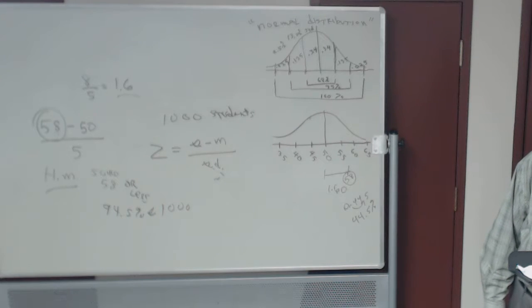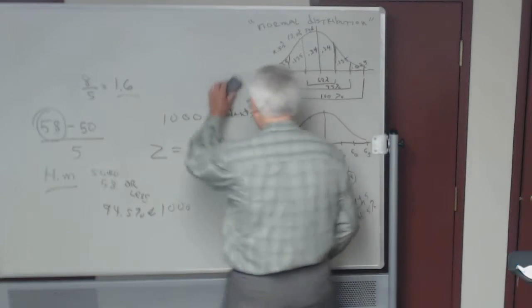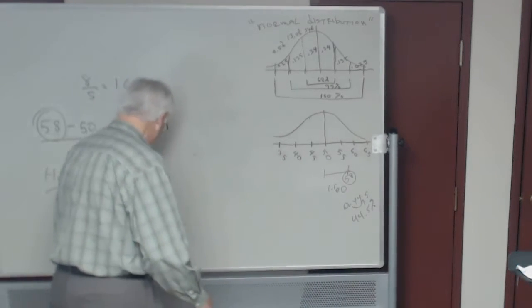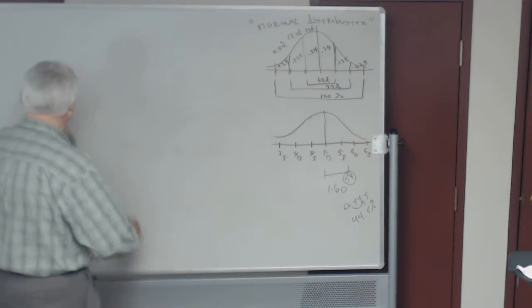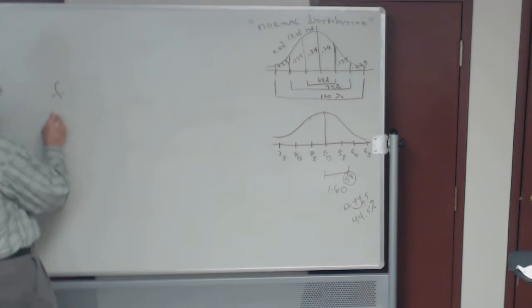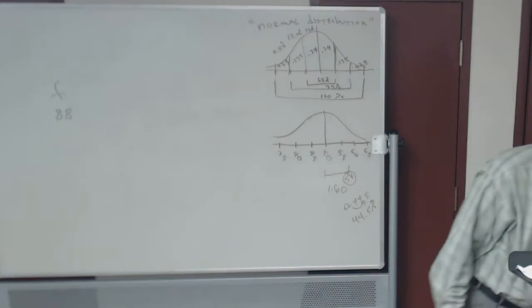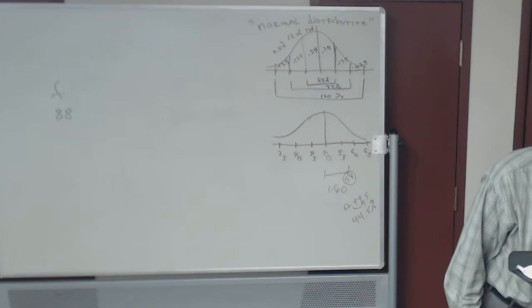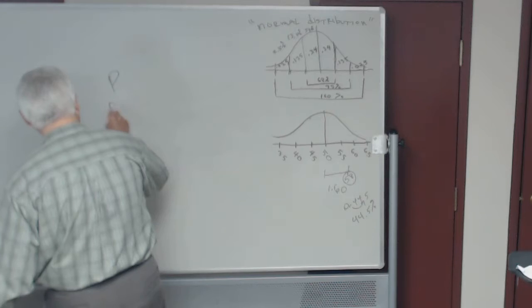Number 10. Agnes scored 88 on a French test. So on French, she had an 88. And what else does it say? 90 on a psychology test. And on psychology, she had a 90.